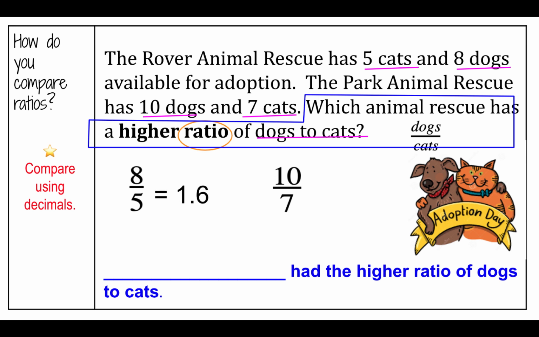All right, let's take 10 and divide it by 7. 10 divided by 7, what do you get? We're going to have to do an approximation here, so about 1.4. Which decimal is bigger? Which decimal has a higher value? Yeah, the 1.6. So Rover Animal Rescue had the higher ratio of dogs to cats.